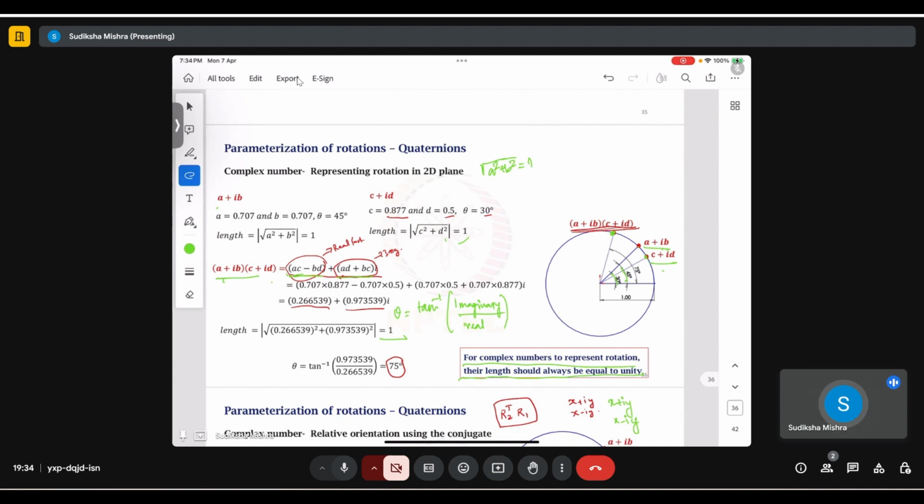For any complex number to represent rotation, the length should always be equal to 1. So this length is 1.